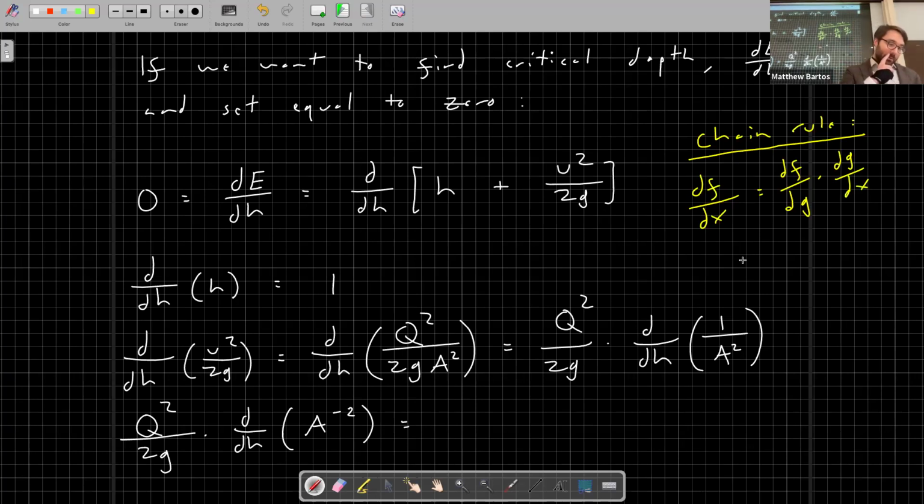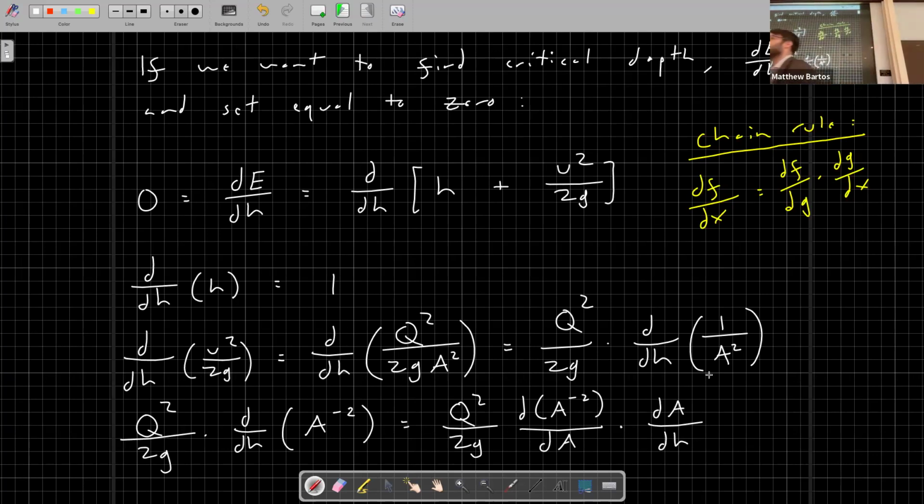So what we can do is take the derivative of A to the negative 2 power with respect to A, times dA by dh. So this becomes q squared over 2g times d A to the negative 2 power by dA times dA by dh. And this is an application of the chain rule, a super useful rule. All right, so what is this derivative here just from the power rule?